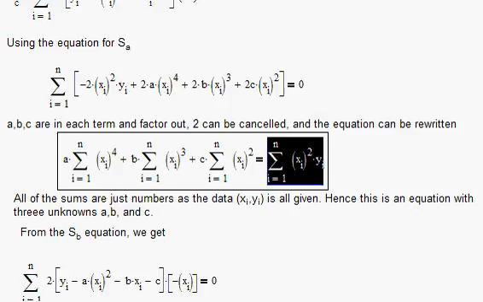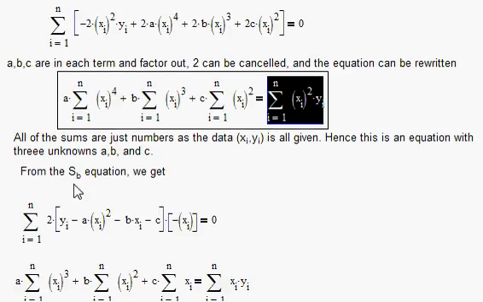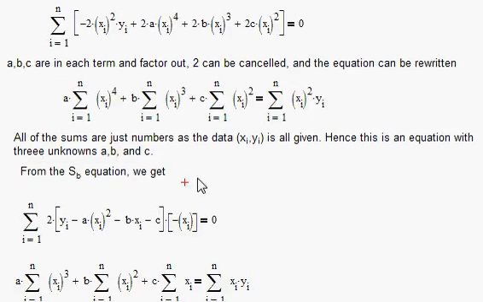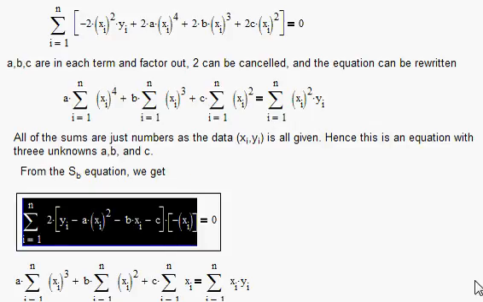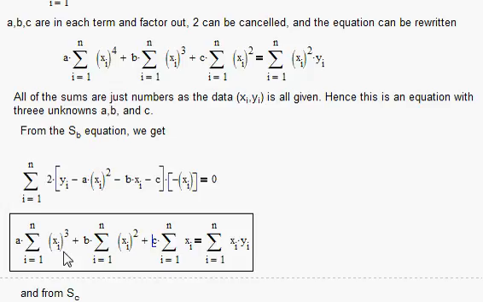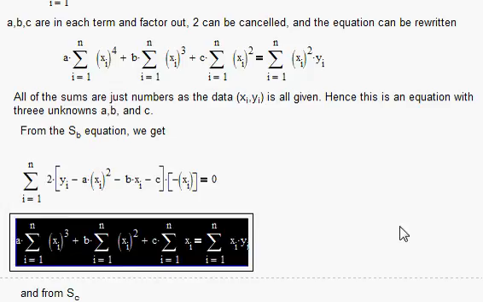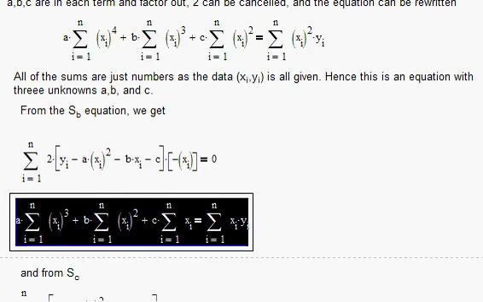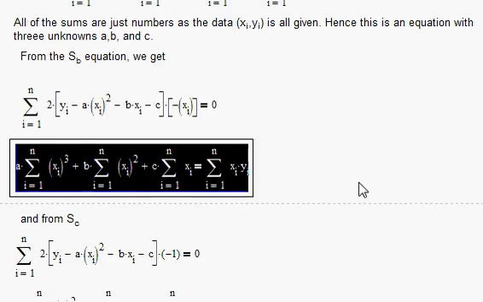And since that data is given, we can get similar information from the S sub b equation, this one, and again factoring out the a, b, and c as they occur, we get a second equation with a, b, and c as variables.